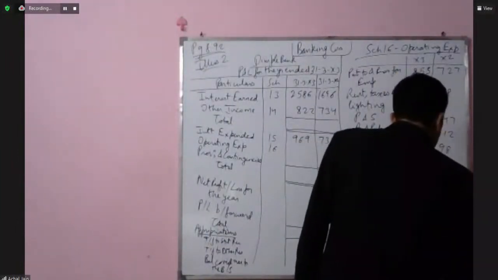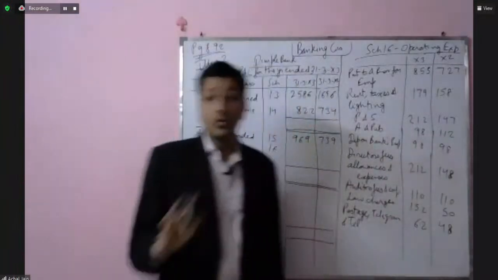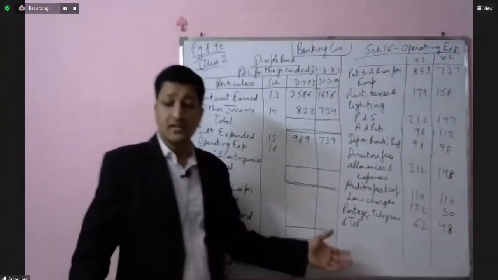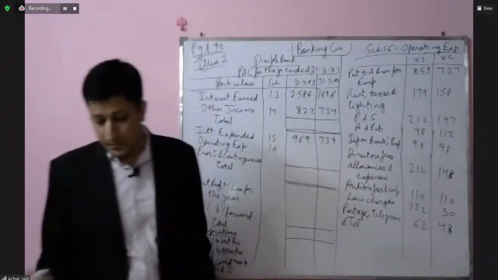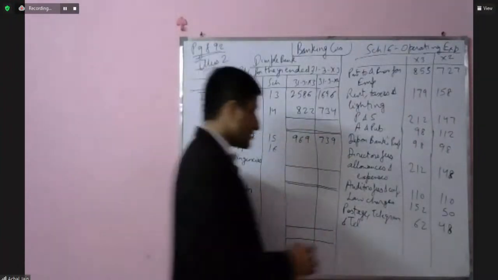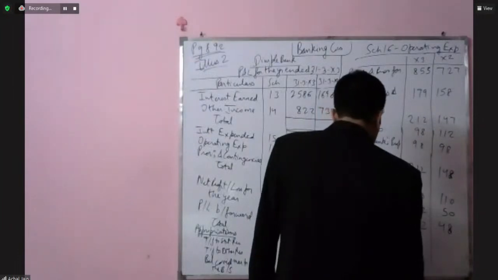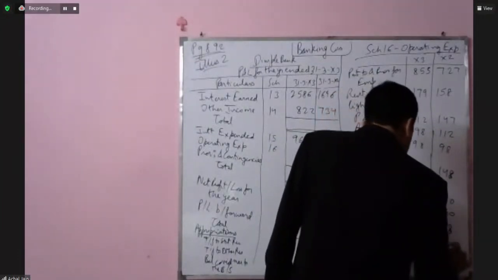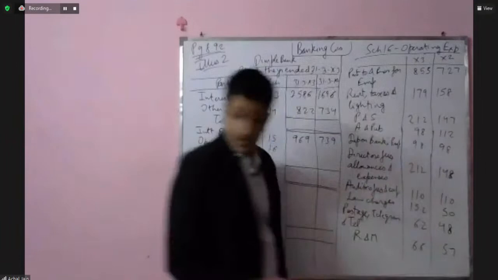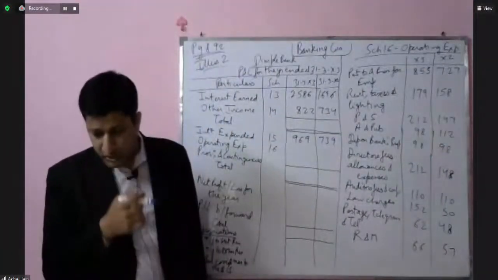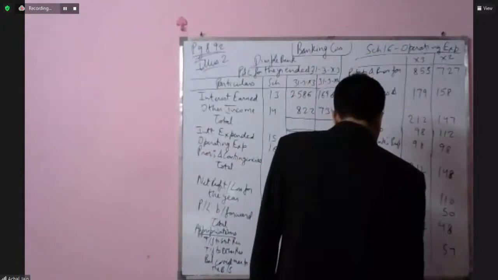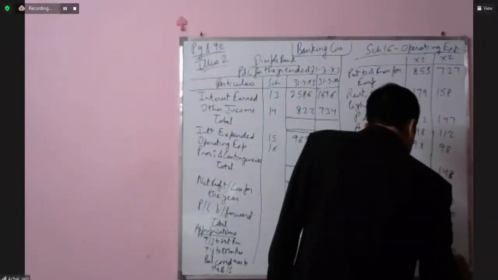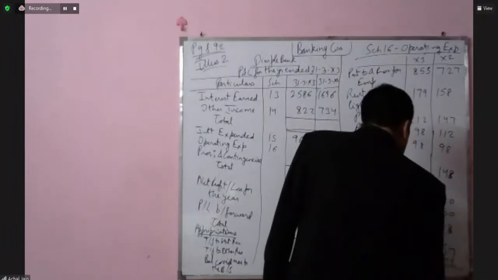So in the exam, you can just know this concept. You can just see how simple can this become for you to score marks. Repair and maintenance. 66 and 57. Insurance is 52 and 42. And then we give the total.